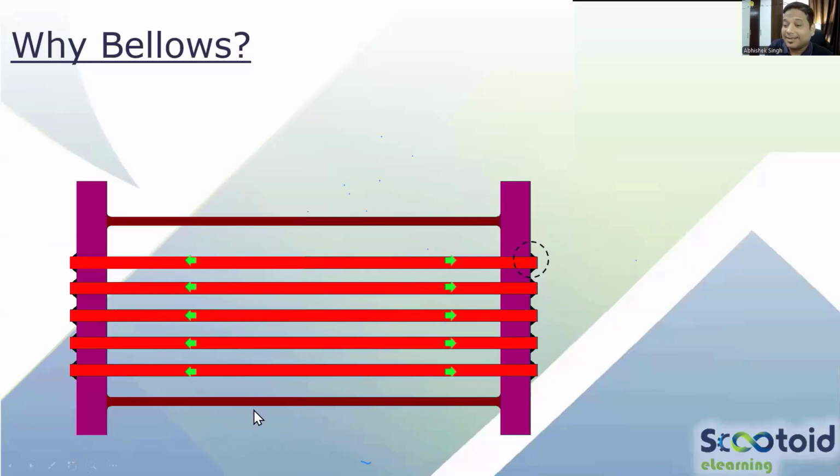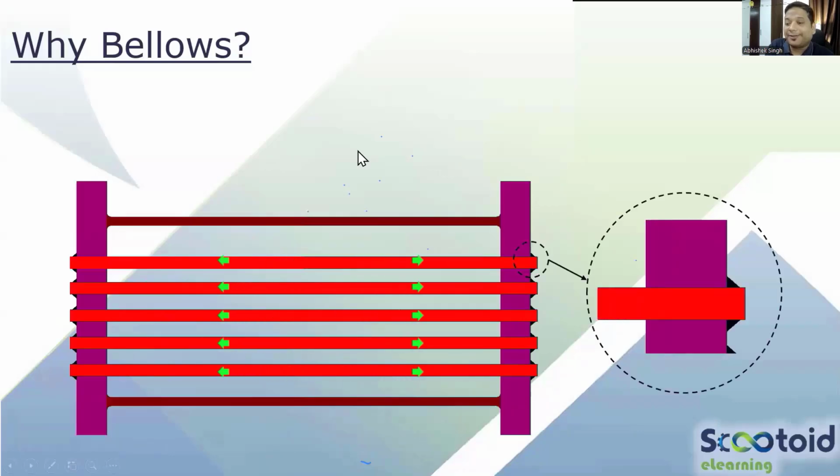First of all, if it is not an expansion joint, the complete load will be coming on the tube to tube sheet joint. If that is strong enough, then the tubes will try to push the tube sheet. Shell will try to hold it.